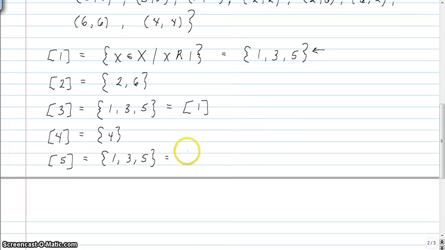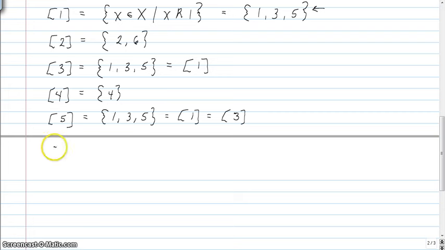So that's the same as the equivalence class of 1 and of 3. All three of those equivalence classes really are the same thing. And last, everything that's related to 6 is just the elements 2 and 6, so that's the same as the equivalence class of 2.